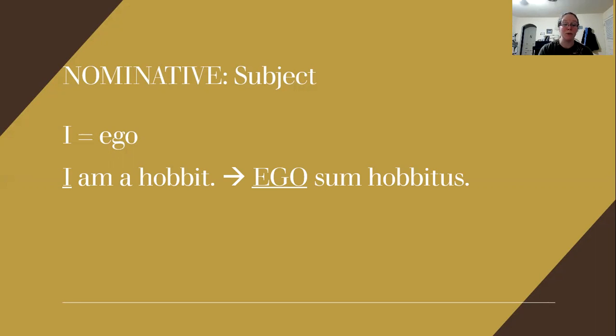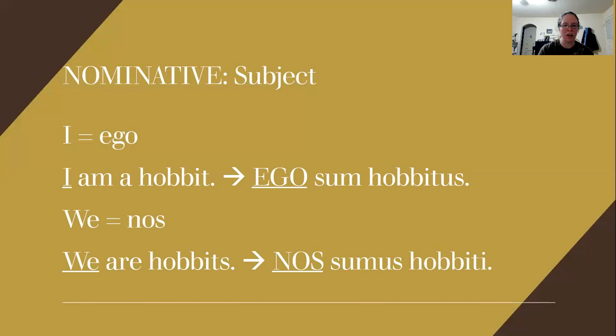But in our Familia Mala book, we've been seeing I, ego, a lot. And you will see it on occasion, but usually just for emphasis. We is nos. So, for example, we are hobbits. Nos sumus hobiti. Again, you would generally just see sumus hobiti, but you might see nos show up, and in our Familia Mala book, nos shows up a lot more.